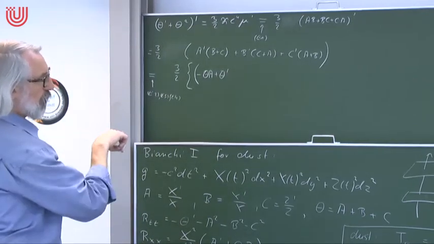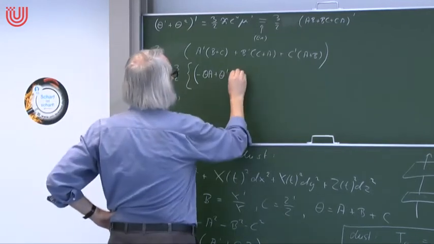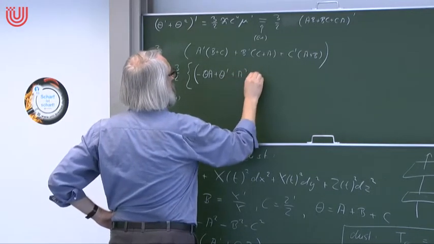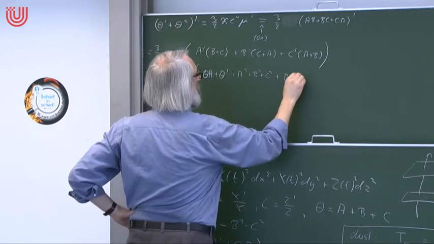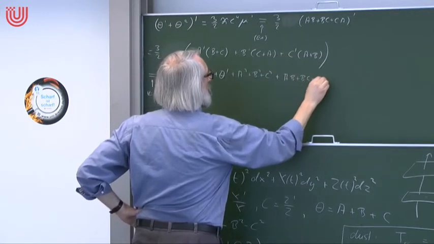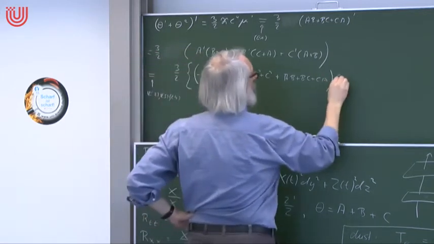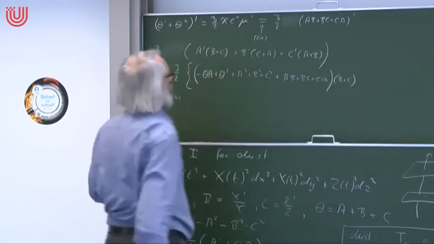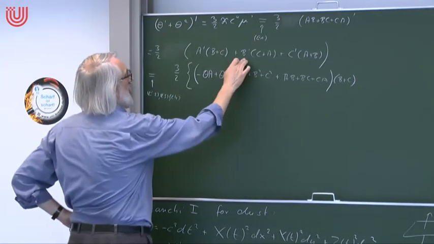I solve for A prime, so everything else is on the other side, and then plus A squared plus B squared plus C squared plus AB plus BC plus CA, times B plus C. And then the next term, now I insert B prime.